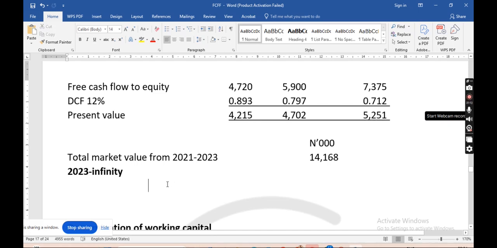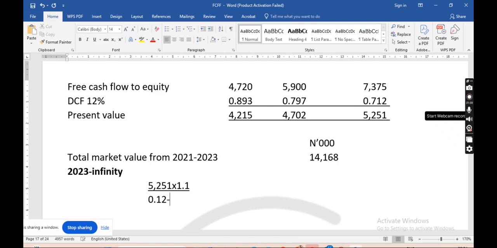You bring it here to infinity times it will increase by 10%, divided by the cost of equity, which is 12%, minus the growth rate, which is 10%.